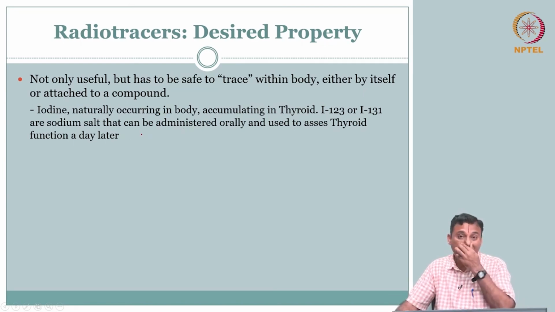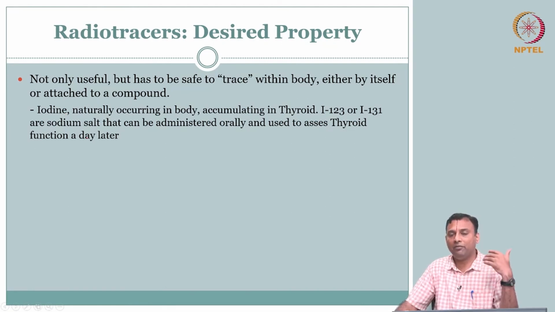These have a half-life in the order of days, and since this is mimicking your natural iodine, you can allow it to take its own time to go. You can do thyroid imaging a day later.